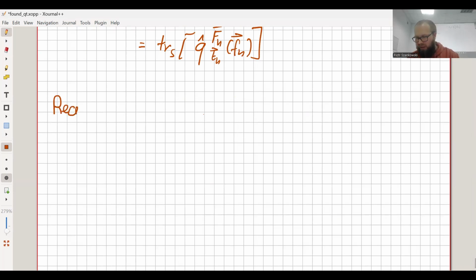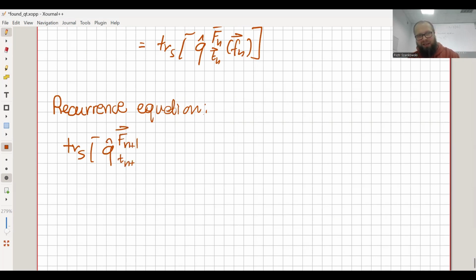I wrote the recurrence equation, where you have a trace of Q Fn plus 1. So that would be the diagonal part of Q n plus 1 times Q.